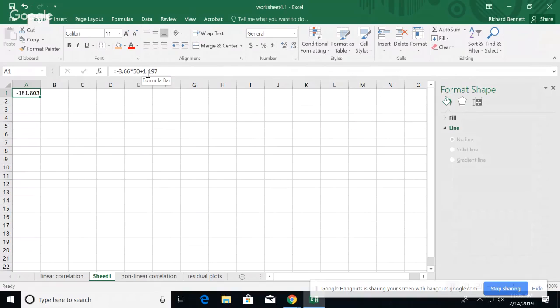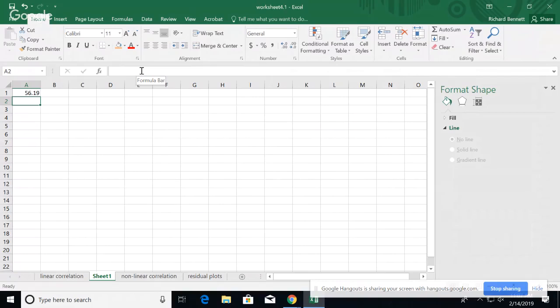This is the wrong equation. The x is supposed to be on this one. Okay, let's do that again. Times 50. That's still negative. Times 50. So your humerus would be 56.19 centimeters long. Okay?